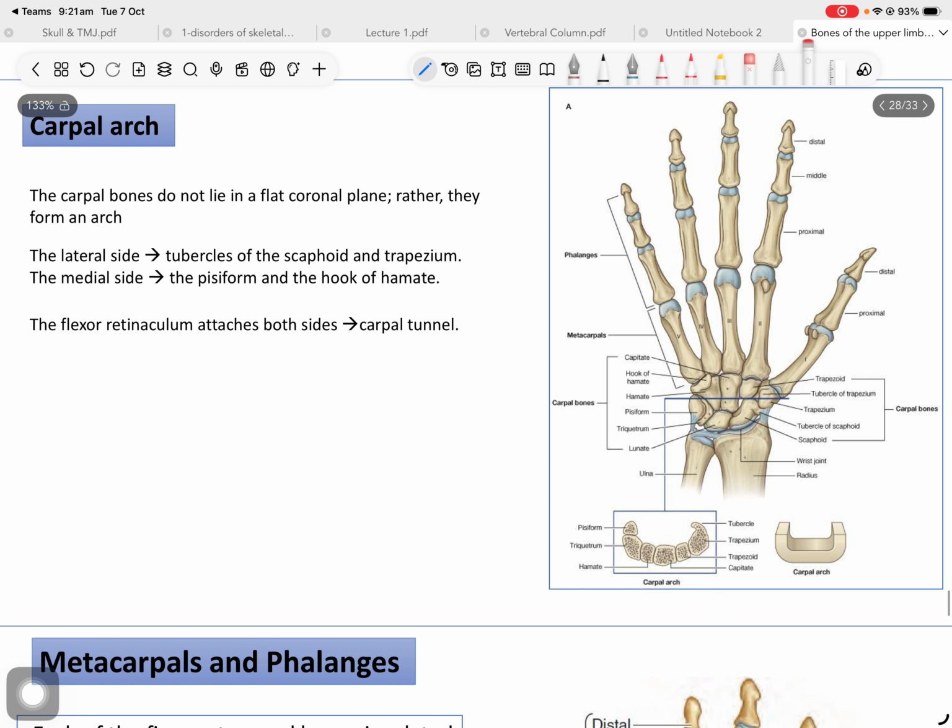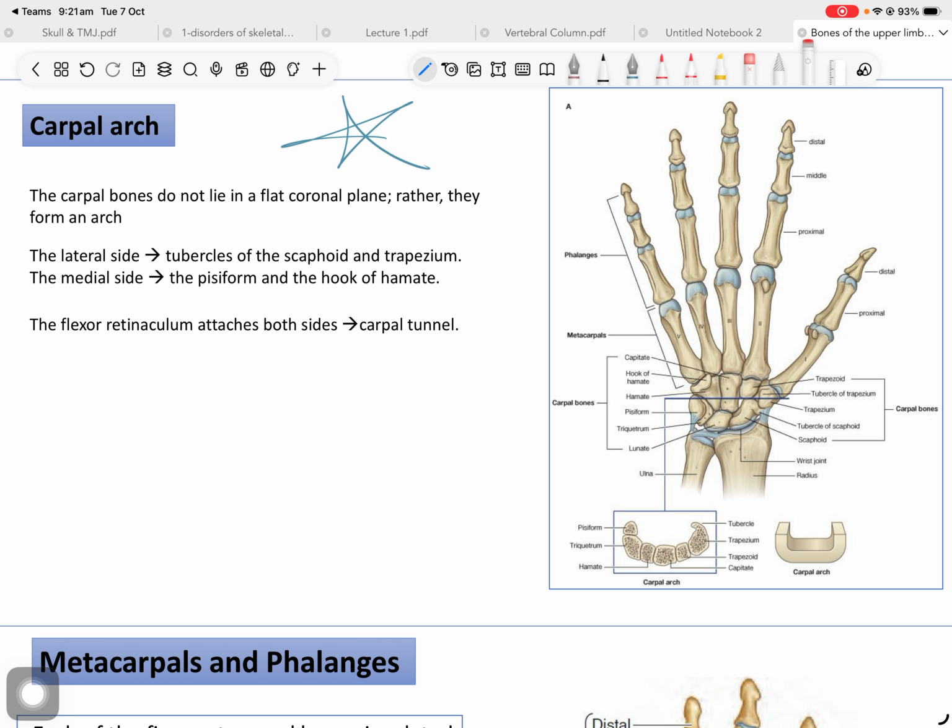Okay, now we have an important area, we call it the carpal arch. How is this carpal arch formed? If I look at the structure of the carpal bones, I find a curvature like this. Before we said that the scaphoid has a tubercle, and the trapezium has a tubercle.